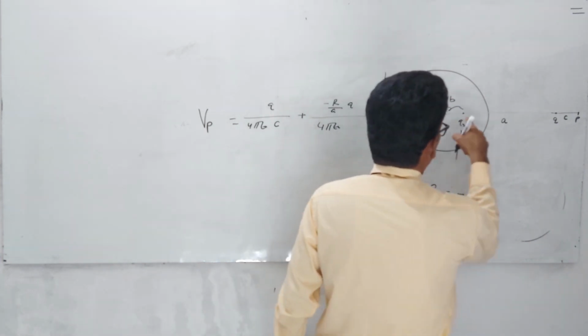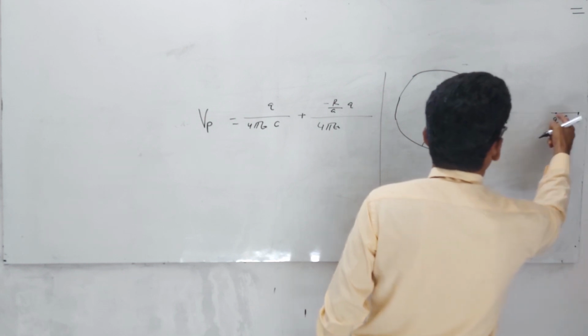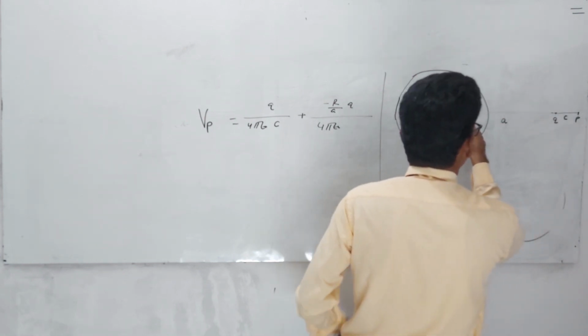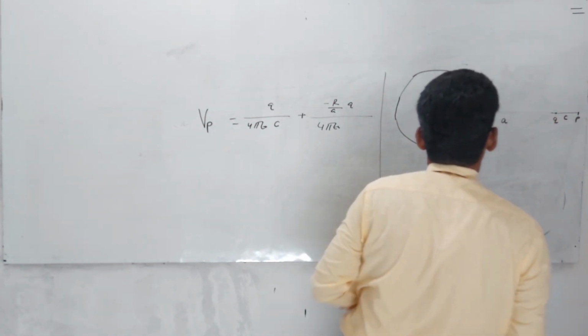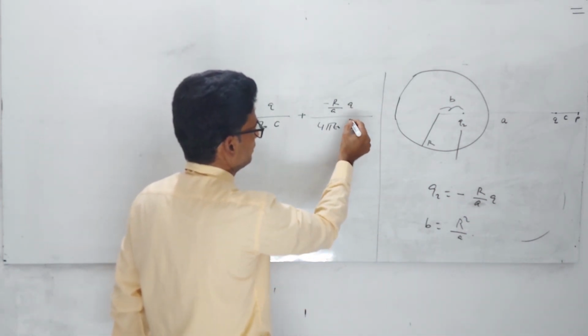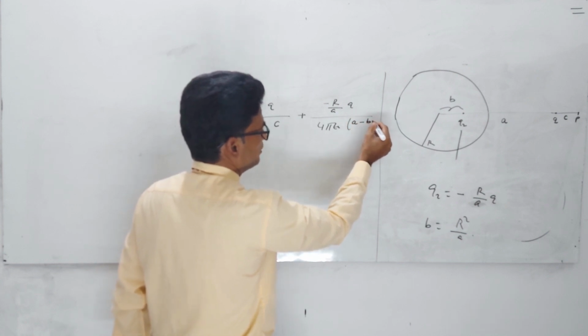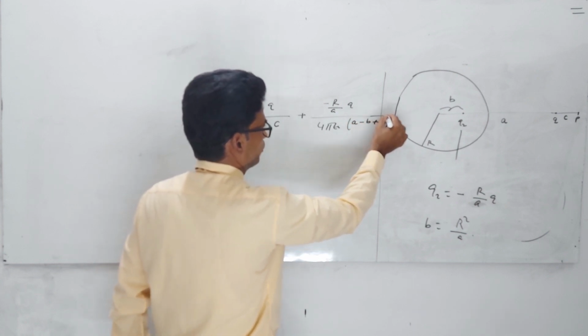But the distance of this Q2 from here, up to A we have to subtract B, and then plus C. So here it is A minus B plus C.